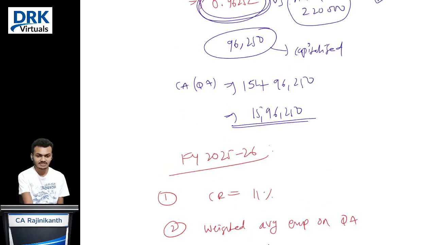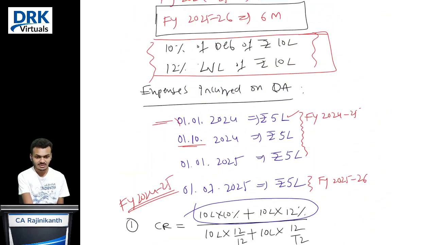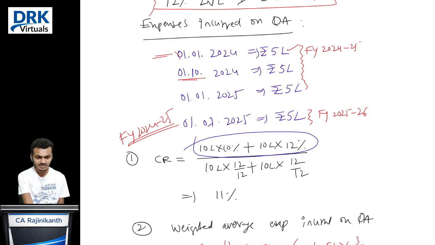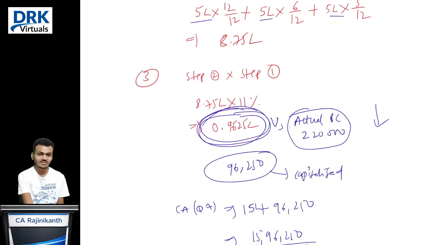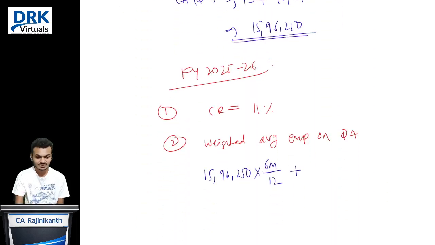And next, the expenses. What is the expense? This one, correct? 5 lakh on 1st July. July, August, September. 5 into 3 by 12, correct? 5 lakh into 3 by 12. So how much is it?